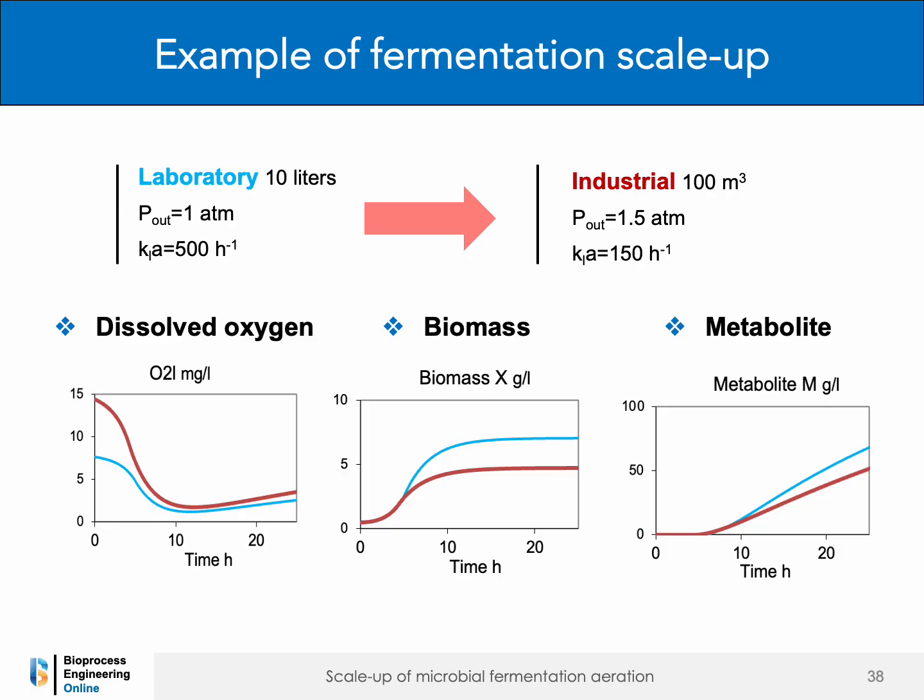As a direct consequence, the final metabolite concentration, after 24 hours of fermentation, is reduced from 65 to 50 grams per liter. This example illustrates that scaling up a fermentation with a substantial reduction in KLA, even when partially compensated by increased operating pressure, can lead to lower allowable biomass concentrations and ultimately to reduced fermentation productivity.